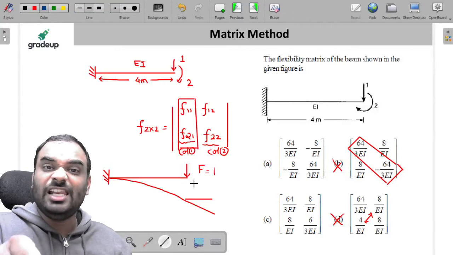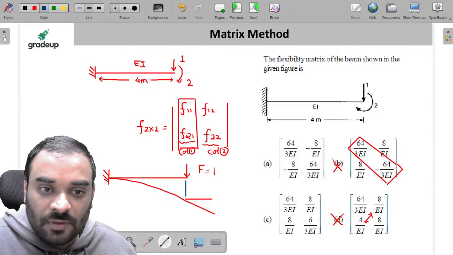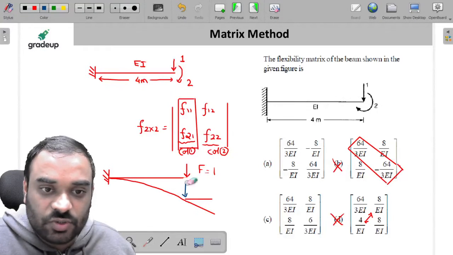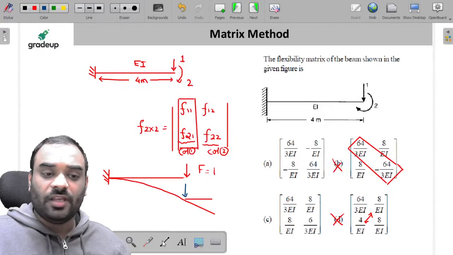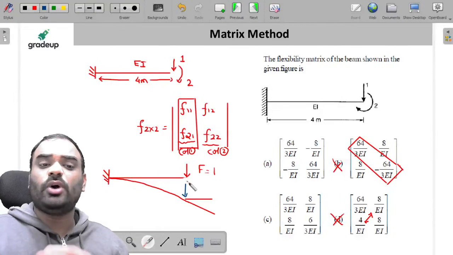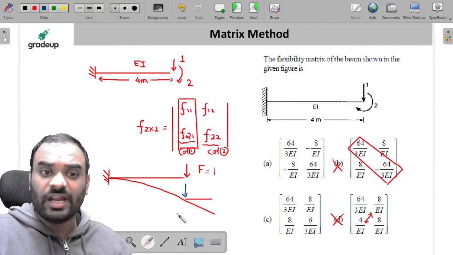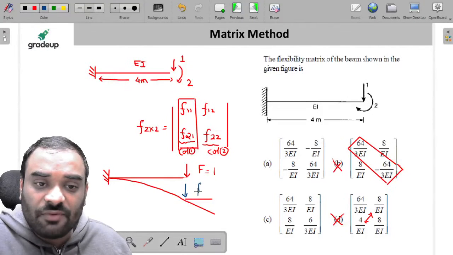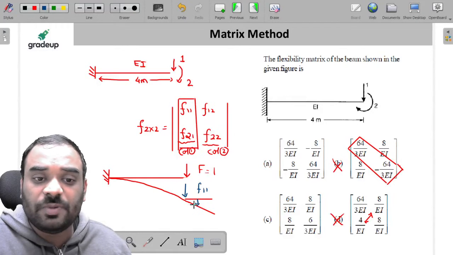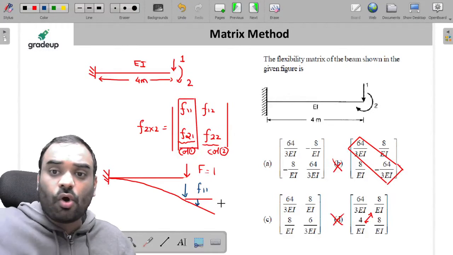Then we will eliminate the option number A. So, my friends, this particular displacement, just see this one. If you apply the force in downward direction, then definitely this particular joint will move in downward direction, right? So this one is our F11 element. And what is the direction of rotation of this particular joint? It is in clockwise direction.